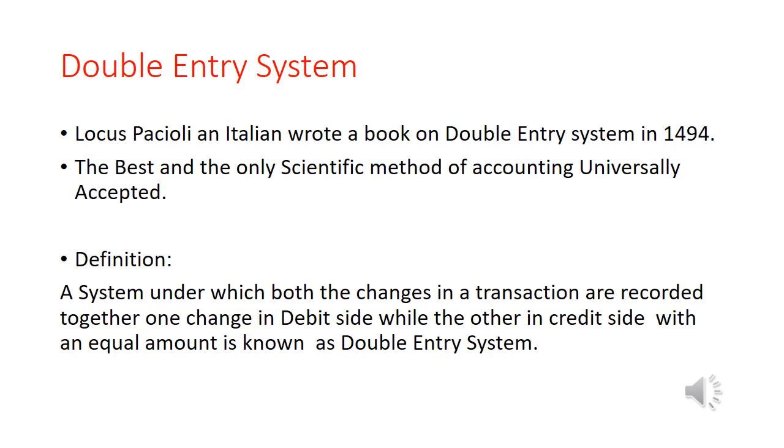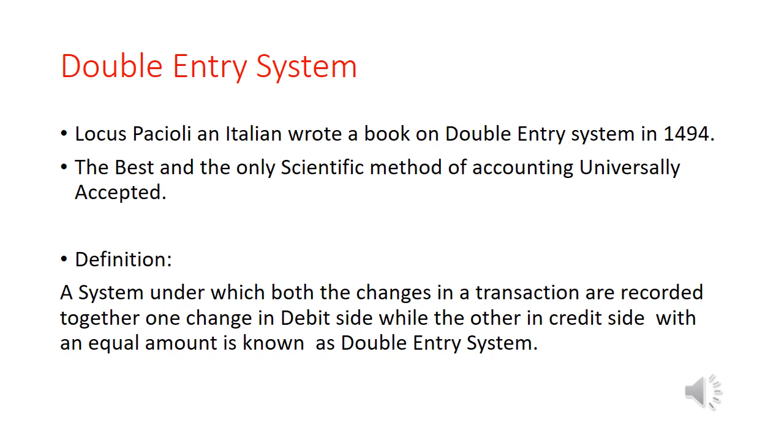Thus, we see that for every transaction there will be two entries, one debit entry and another credit entry. For each debit there will be a credit entry of an equal amount, and for every credit entry there will be a debit entry of an equal amount.